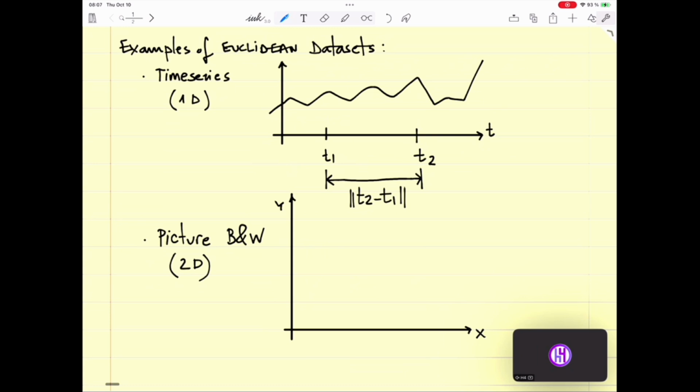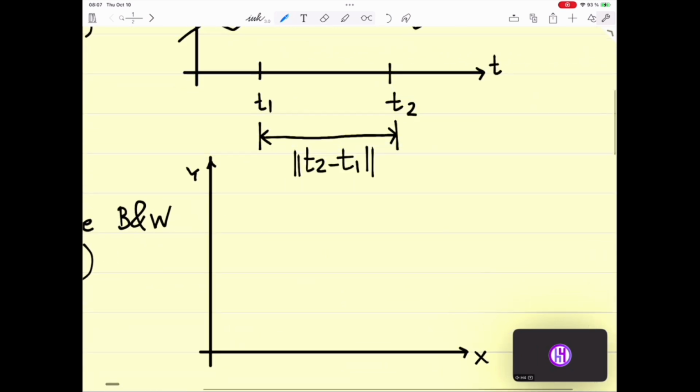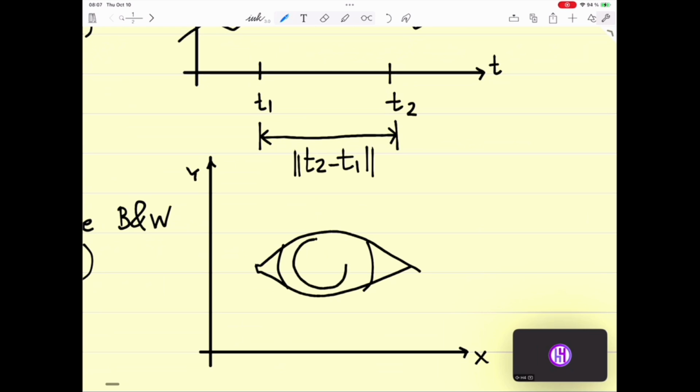Let's say I am going to paint now an eye. We have a bunch of pixels. It's open.